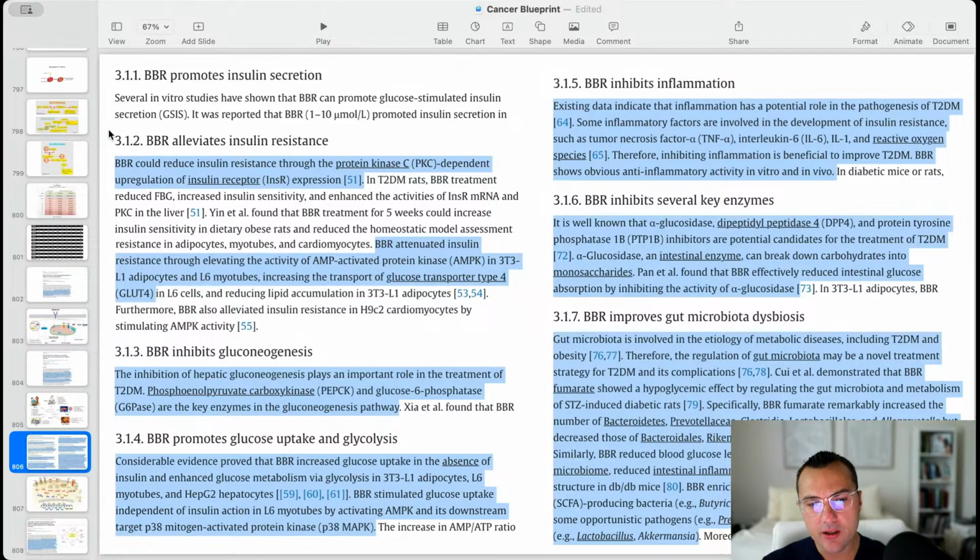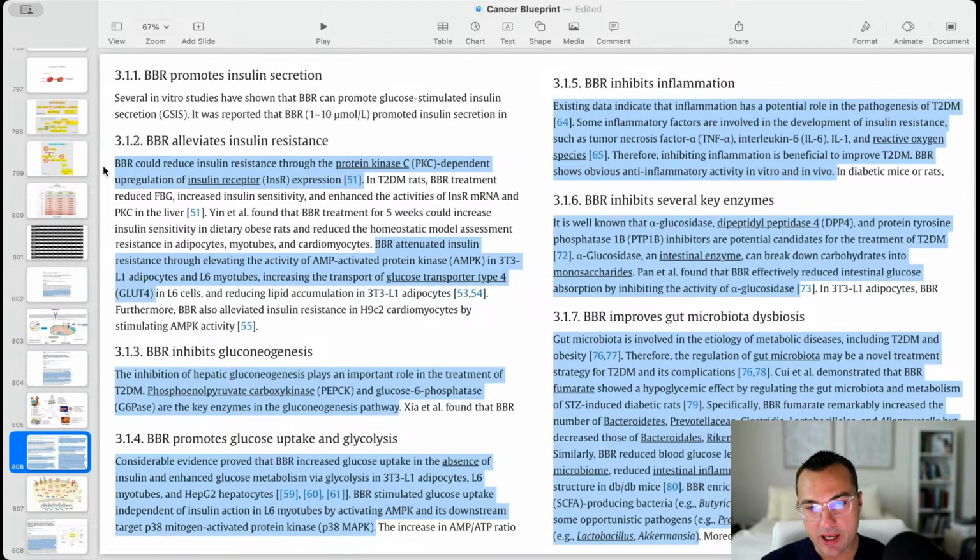Now, berberine actually alleviates insulin resistance through multiple mechanisms as well. It says here that berberine can reduce insulin resistance through protein kinase C dependent upregulation of the insulin receptor expression. So it can actually upregulate the actual receptors of insulin, so there's more of them available, so insulin can unlock the cell to open up and bring the glucose in.